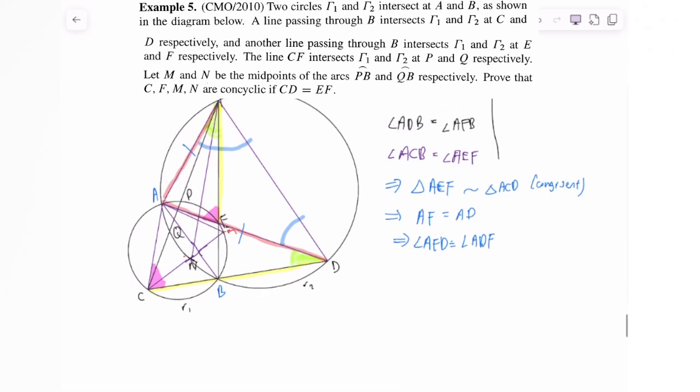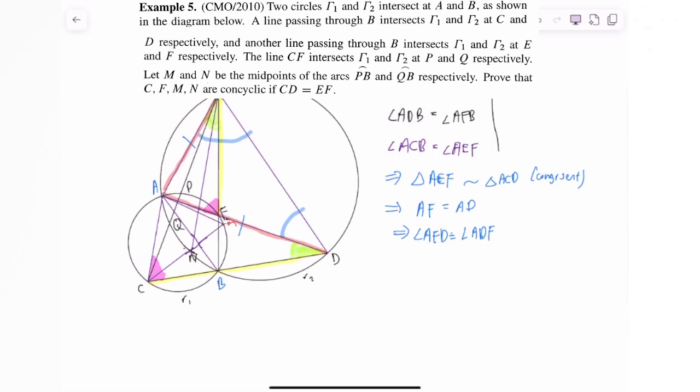Okay, and now you have to notice that, okay, not implies actually, angle ABC, right? So angle ABC, this one, is equal to angle AFD.